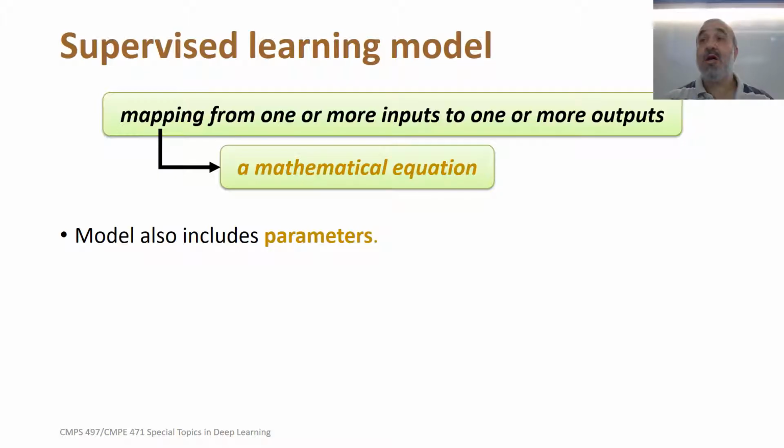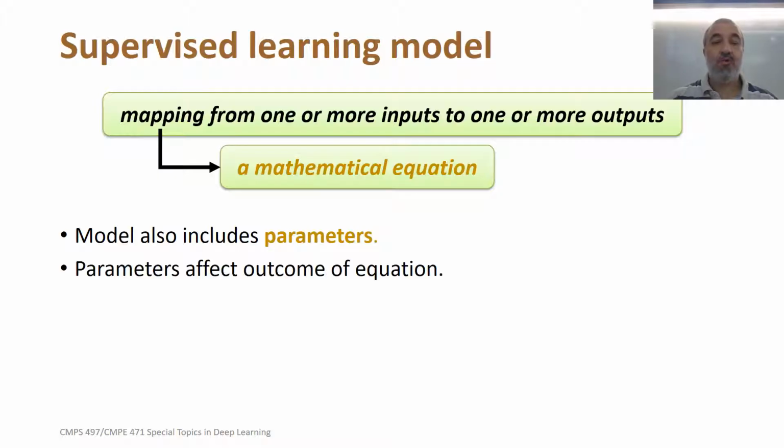Now, in general, a model, as we said, is a mathematical equation, and the equation in general has parameters. When we change these parameters, we actually change the equation, which means we are changing the output of that equation. We'll talk about an example to make it very clear, inshallah, later today.